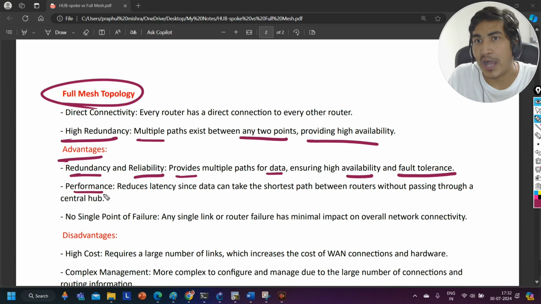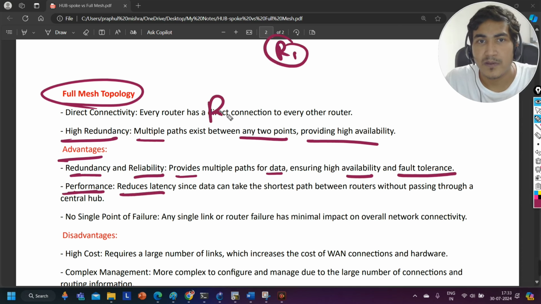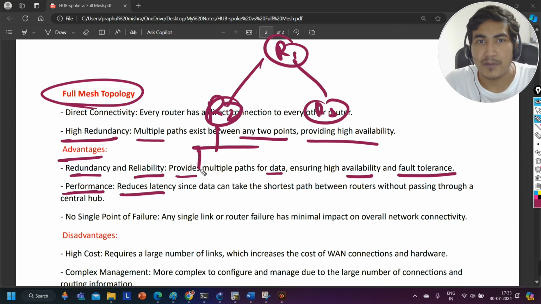Performance is also high here, right, in full mesh topology, because not a single router is going to manage the entire communication. Like in hub and spoke, one single router is managing the entire communication. But here in full mesh, we have separate links, right? All branch offices are connected with each other. So performance: reduced latency. Latency means delay. Reduced delay, like R1, R2, R3. Guys, suppose here I have some user and here I have some user.